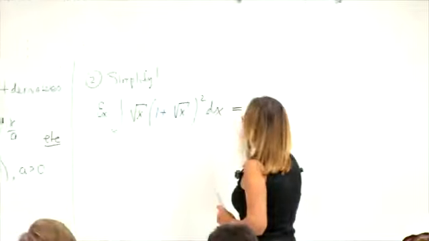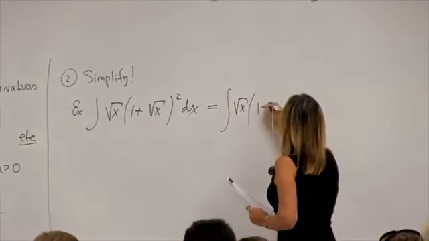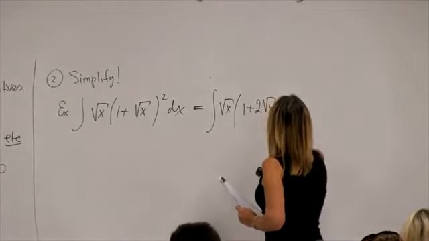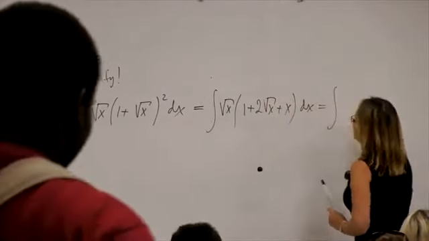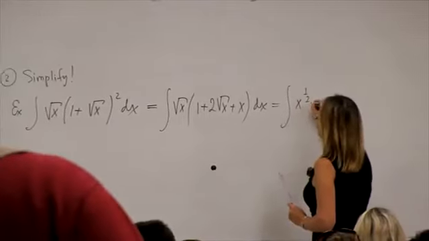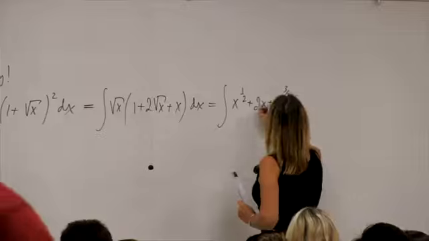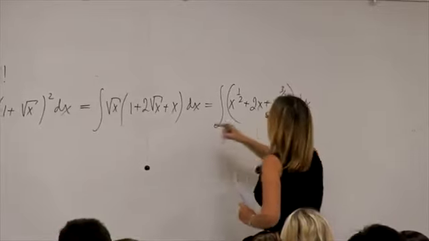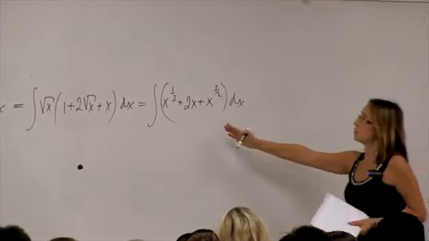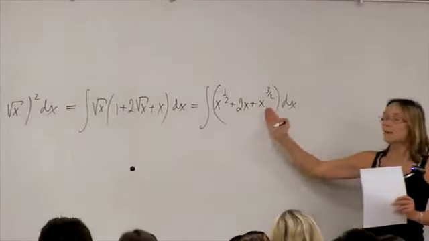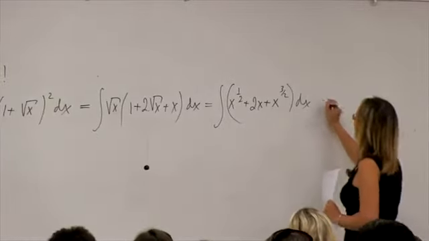So 1 plus 2 plus x, and one more step, multiplication through. By doing this, I prepared the ground for the next step, which is taking the antiderivative. Now it's ready for you to take. It's just the power function.